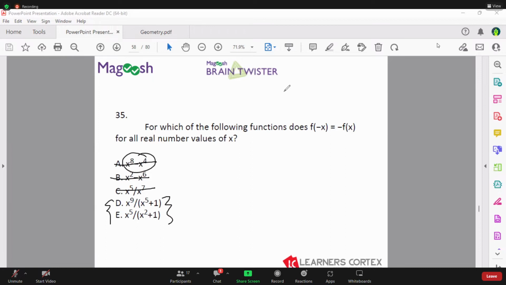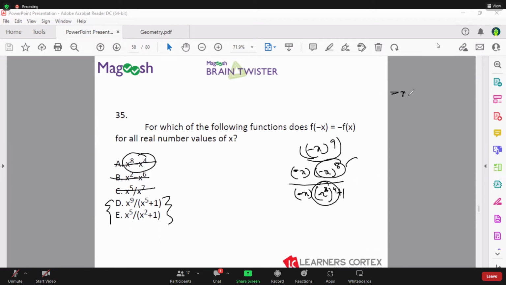When you come here, this is minus x to the power 9, and then what you can do is write it as minus x times minus x to the power 8, and for this here you can write minus x times minus x to the power 4 plus 1, right? So this here would become positive and this also would become positive.